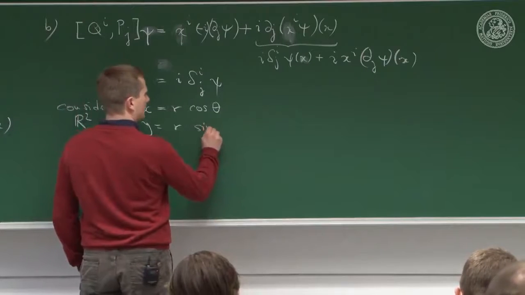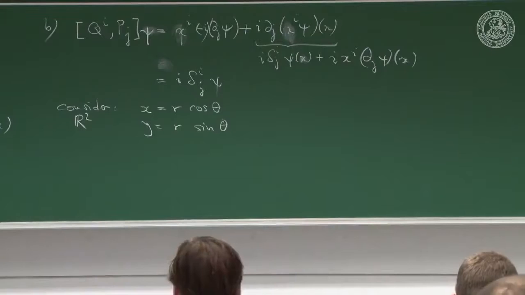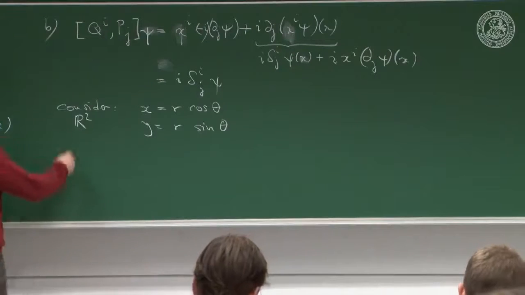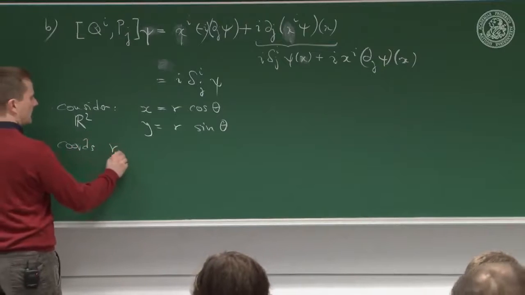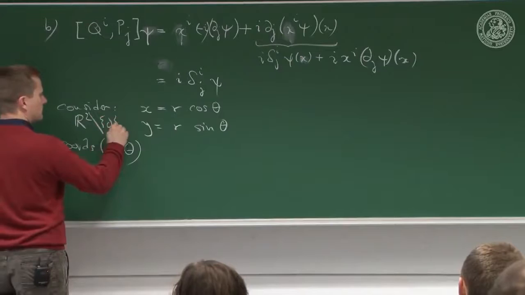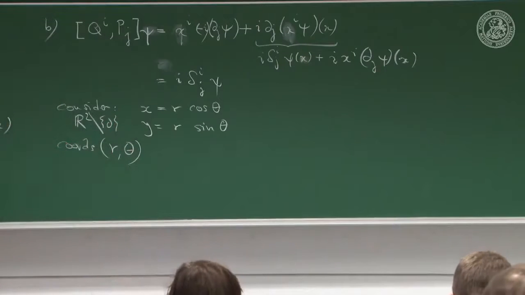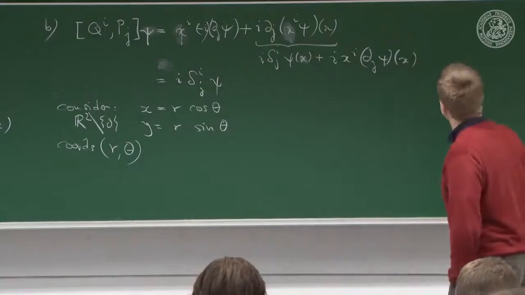We'll do it more generally once we've got the idea of what's going wrong and how to repair it. Strictly speaking, R2 without the origin, and let's coordinatize it by r and theta, the usual polar coordinates. How does the whole business present itself now?